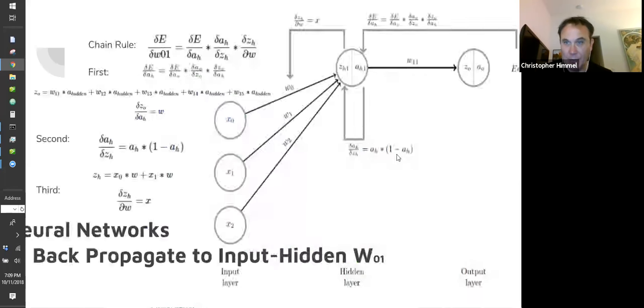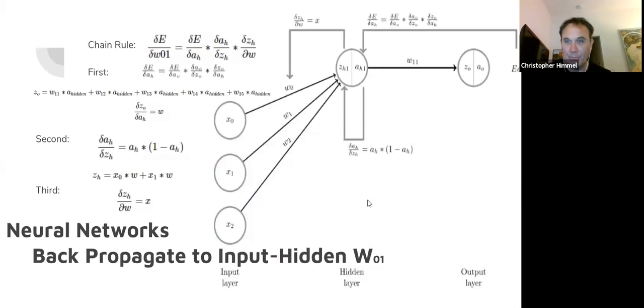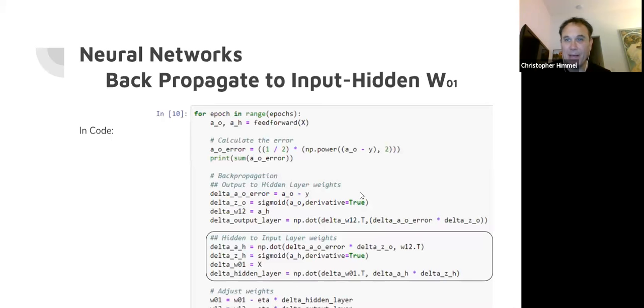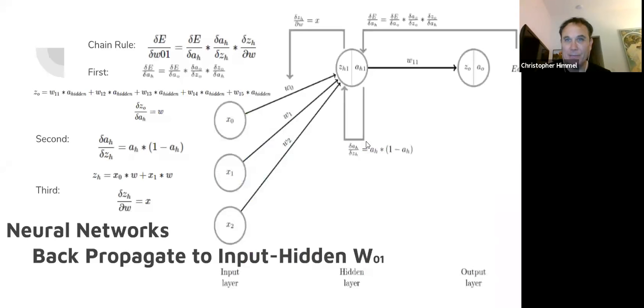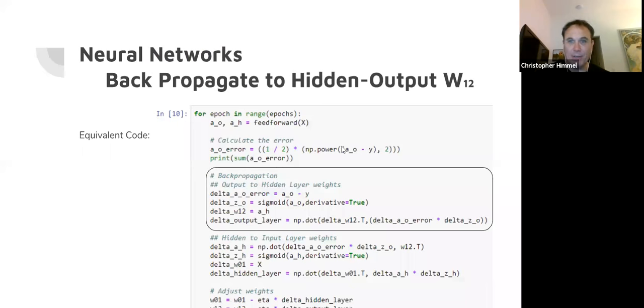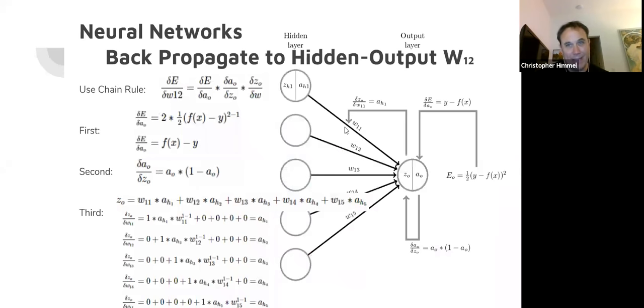Okay, so I know this is a lot of math, and it seems extremely complex. But we're just following the bouncing balls. We're finding the contribution of this weight to the error, and it's this part that you multiply by these together.